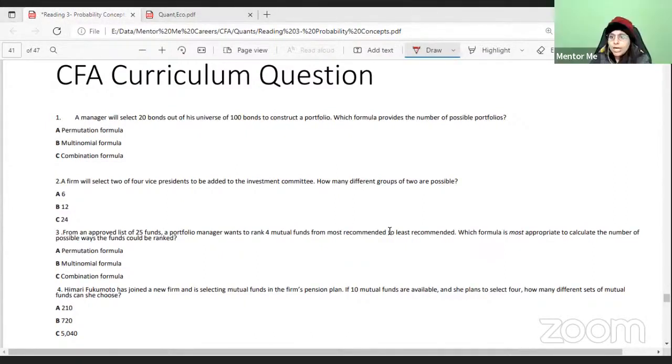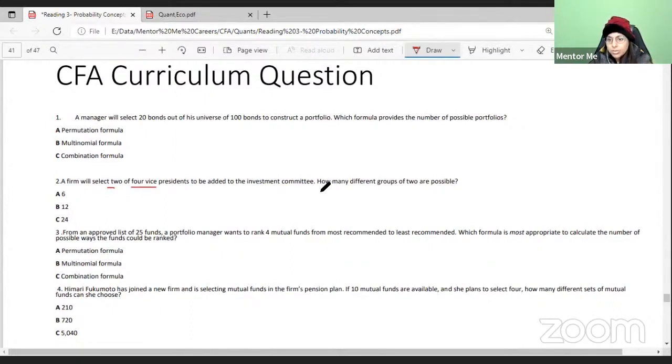फर्स्ट ऑफ ऑल आपको कैसे पता ऑर्डर इंपॉर्टेंट है यहाँ पे? Because we need different groups of two. How is the order important? ऑर्डर स्पेसिफिक तो नहीं लग रहा क्वेश्चन मेरे को. आपसे यही तो पूछा गया है कि how many ways are there to select 2 out of 4 vice presidents in the investment committee.